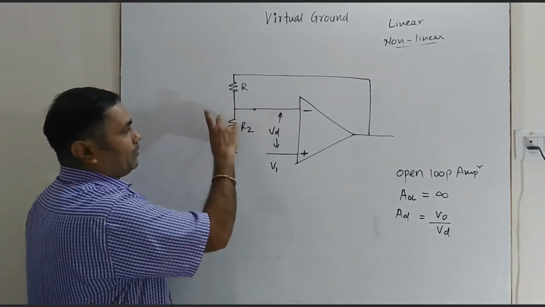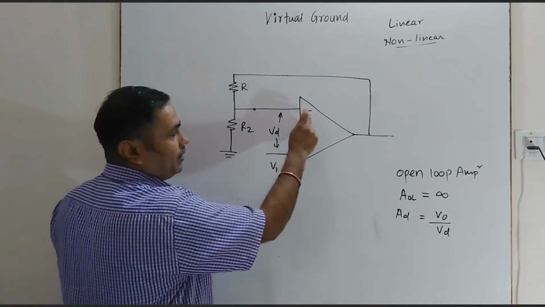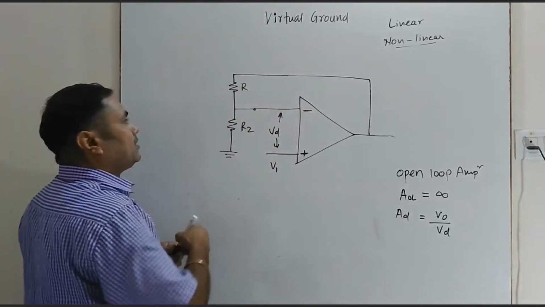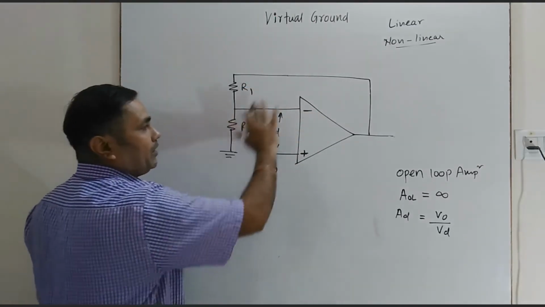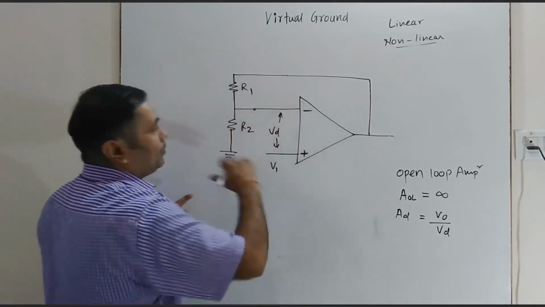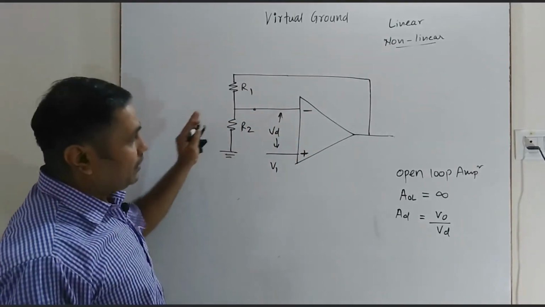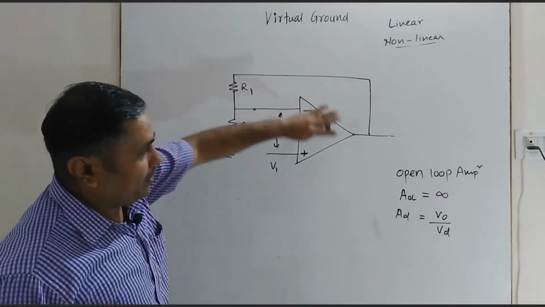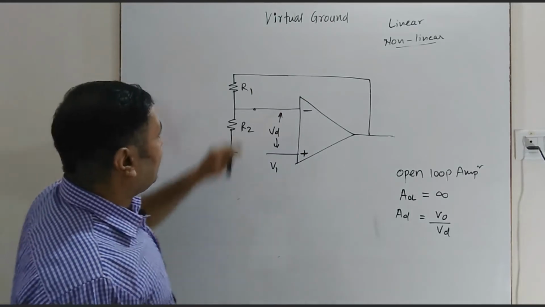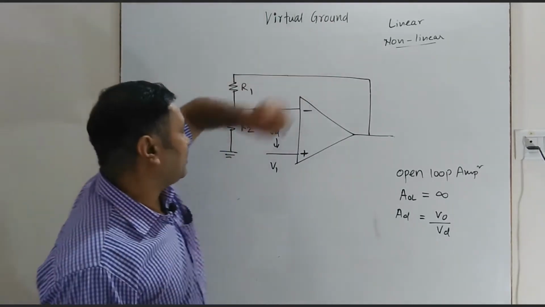So the voltage across R2 will be applied at the inverting terminal. By changing the resistor values, the desired negative feedback voltage can be achieved. So this is how we can control the gain, and this is the operational amplifier for linear application. Now let us move to the virtual ground concept.